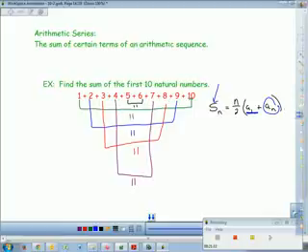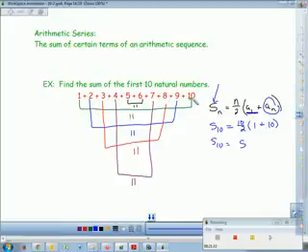Didn't we do 10 over 2 times 1 plus the 10th term, which is 10? How many sets of 11 were there? Why do you have to take it in half?